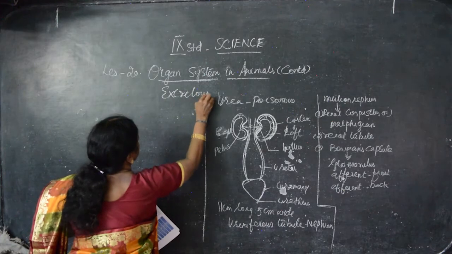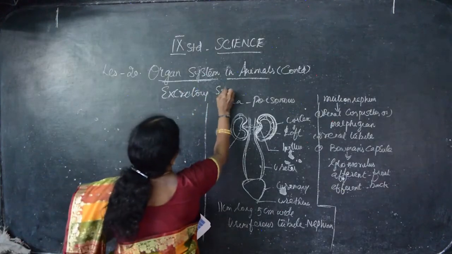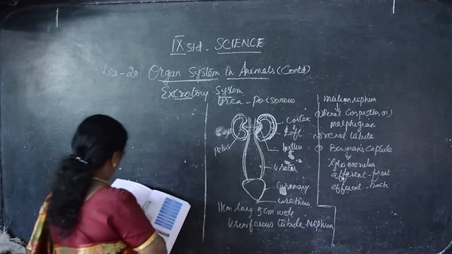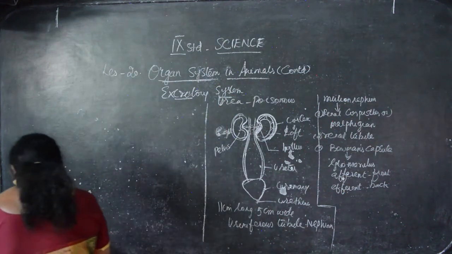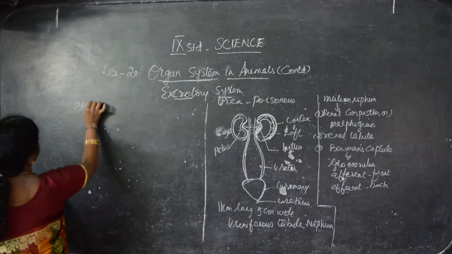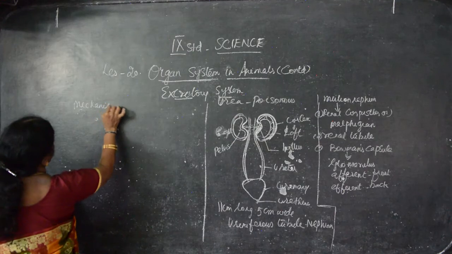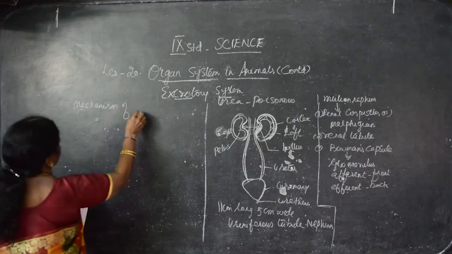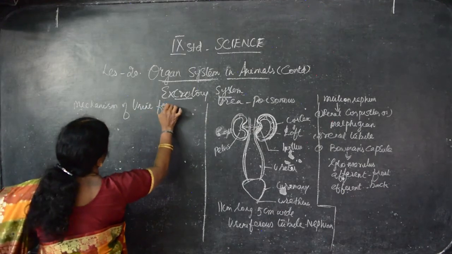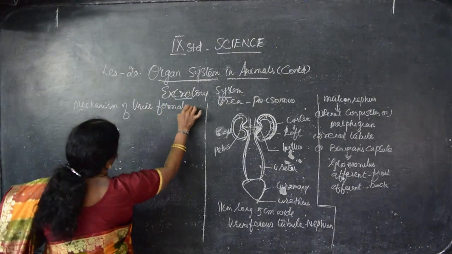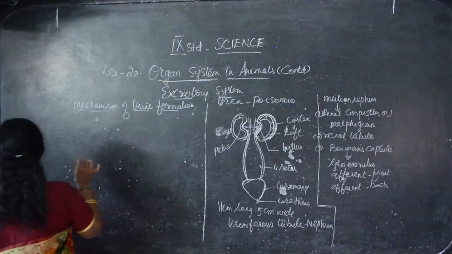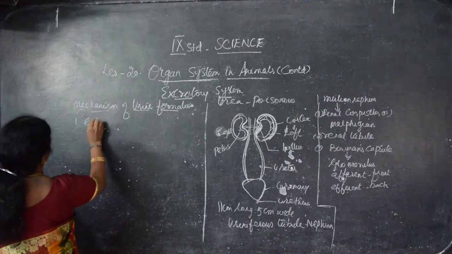Excretory system. Then mechanism of urine formation. What are the stages?